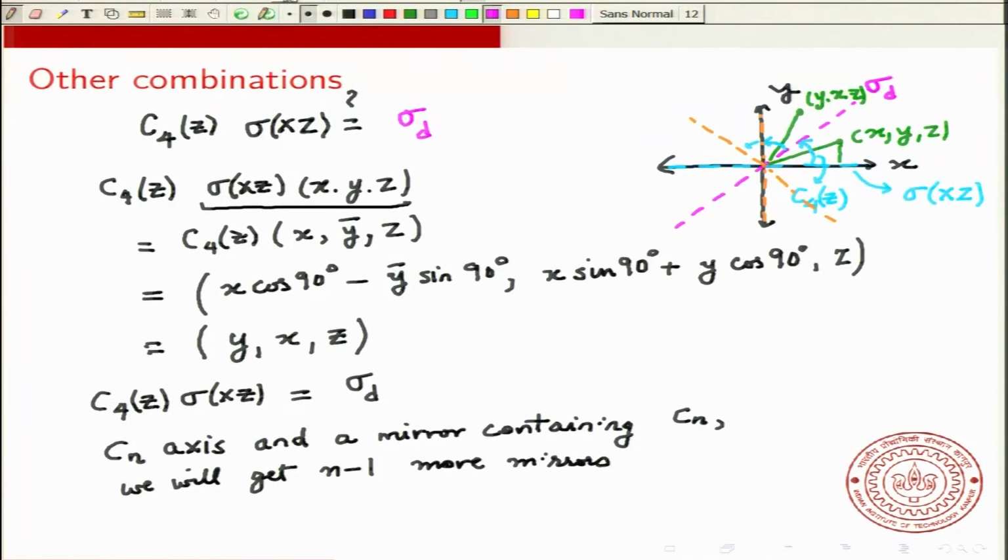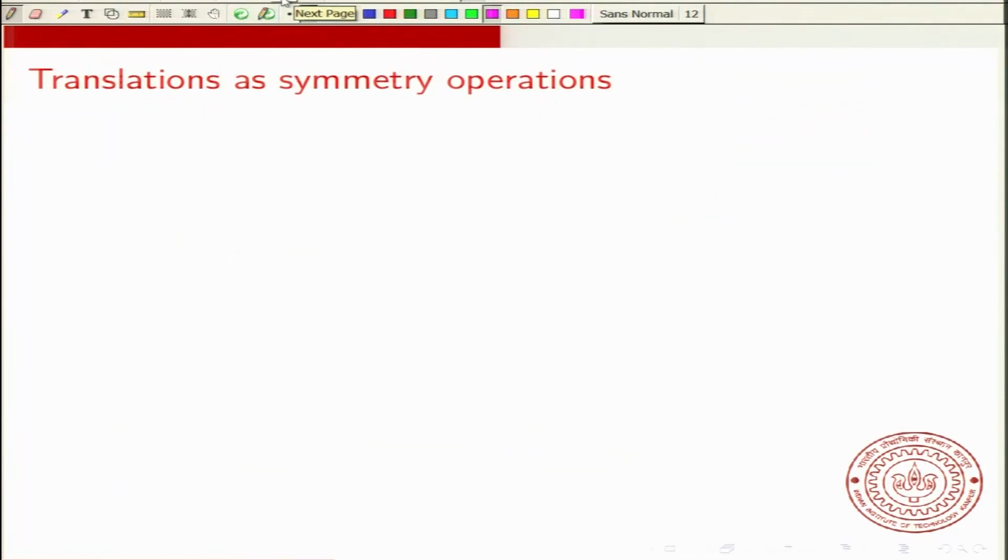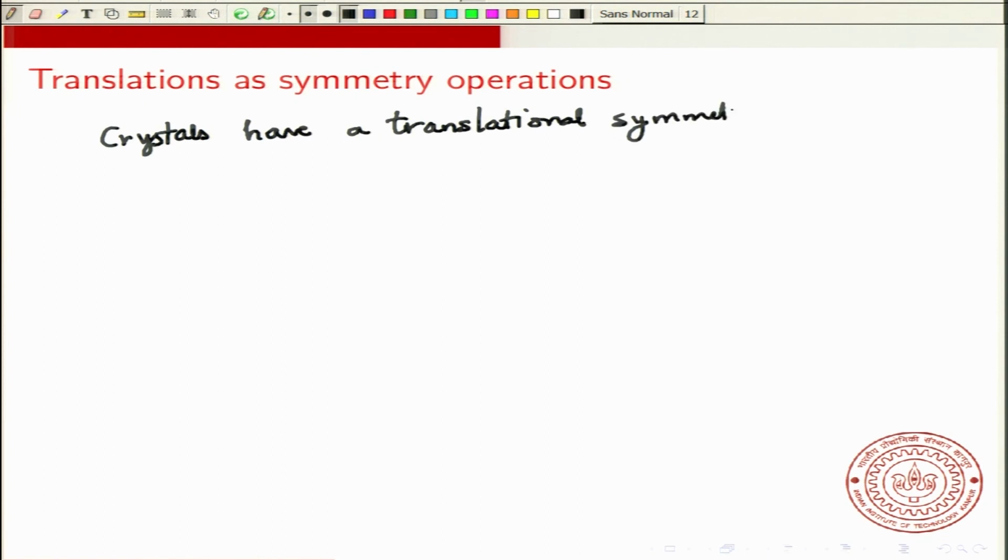Now, I will just talk a little bit about translations as symmetry operations. So what I want to say is that crystals have a translation symmetry. What is the translational symmetry of the crystal?